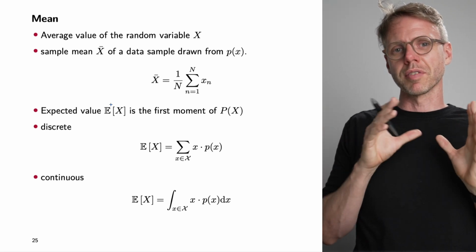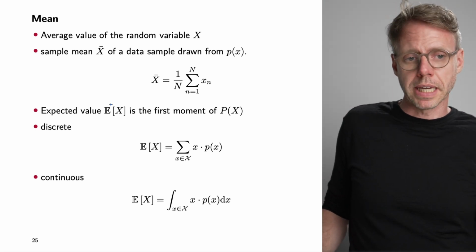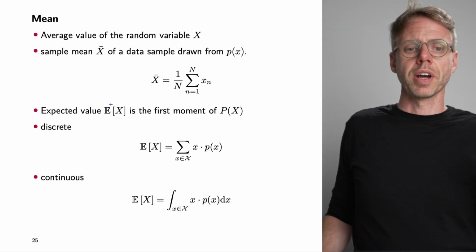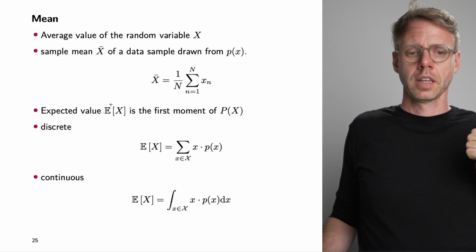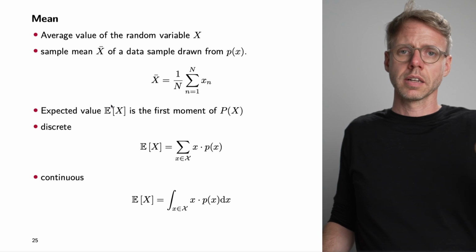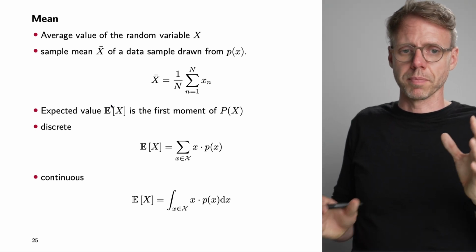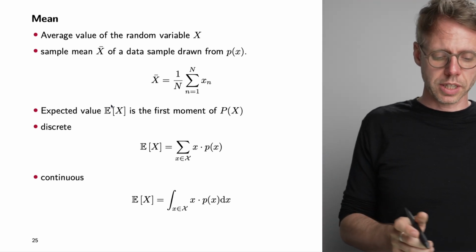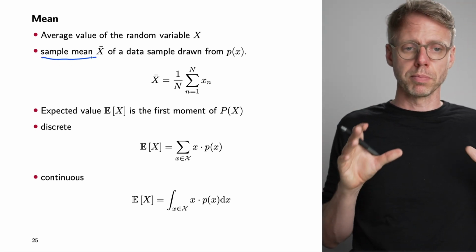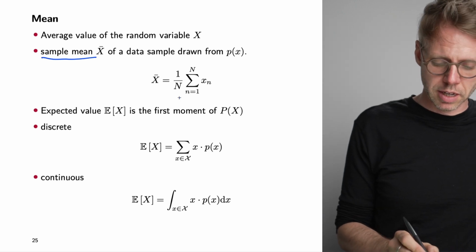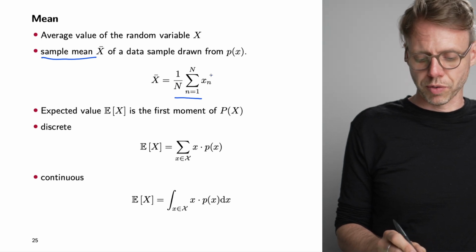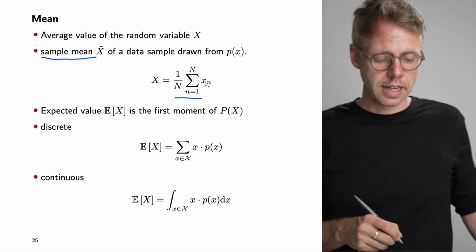Now let's recap what we have learned. We've talked about the mean, which is the average of a random variable x. And if we have a sample, so n IID samples from the distribution Px, then we can use them to estimate the expected value by computing the sample mean x bar, which is defined as the average over our n samples.